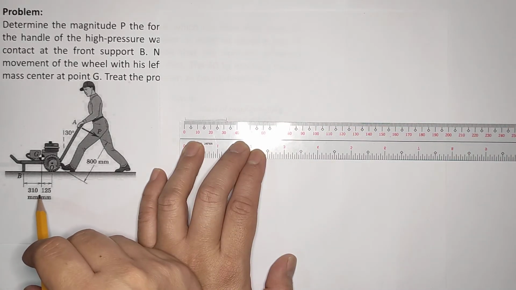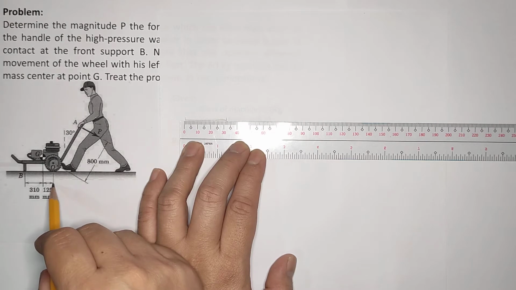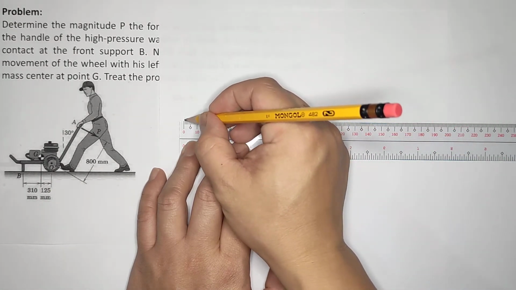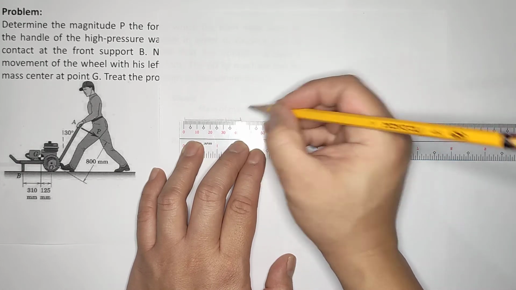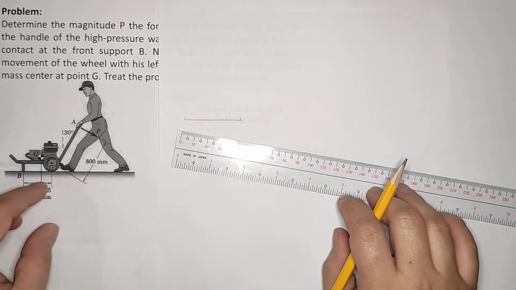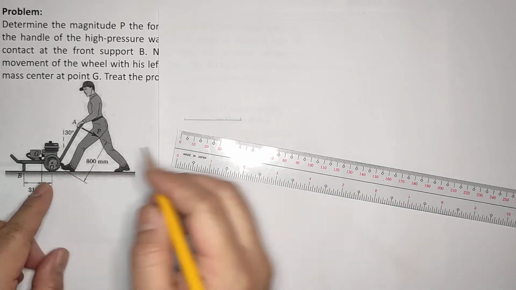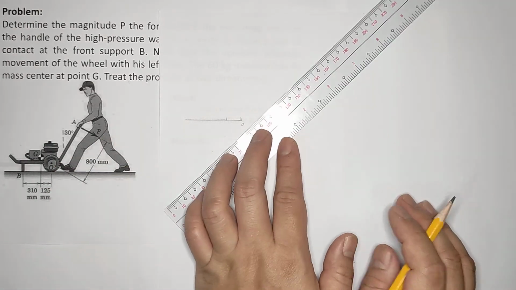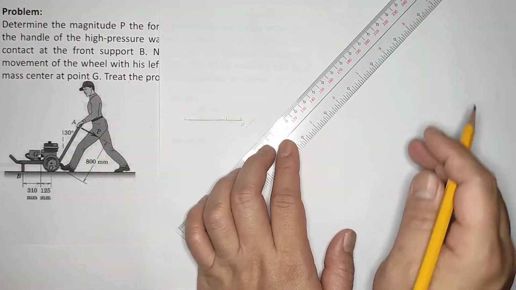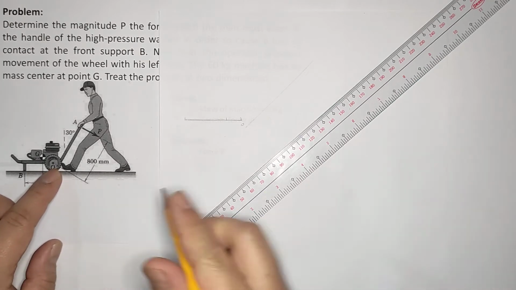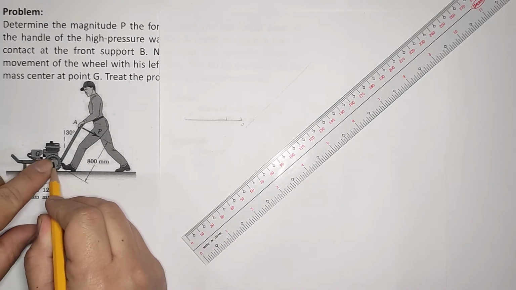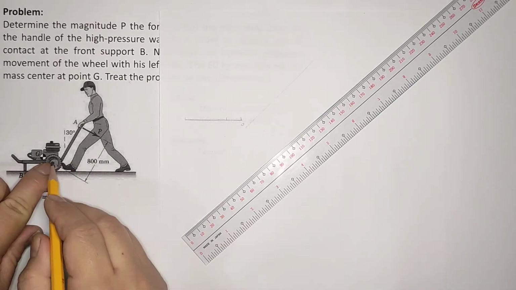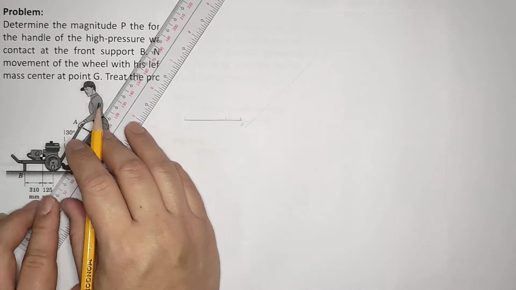Then the other one from here to there is 4.35, which I will just estimate here. Then from this point, this is O. Although the handle is offset here, as you notice, the dimension is at O and at point A.